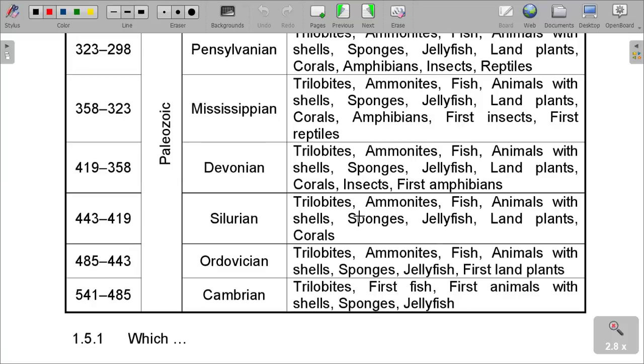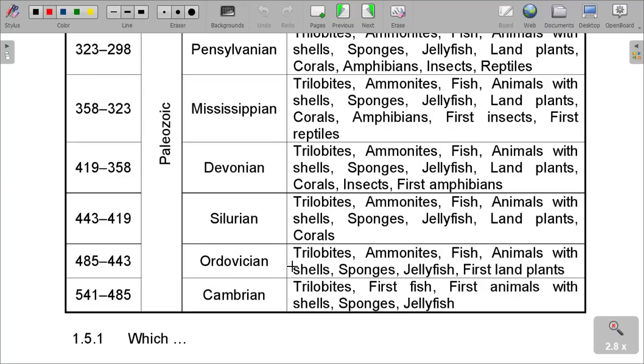We can also find that these are indicating the first land plants. You can see it is written that first land plants were found in the Ordovician.